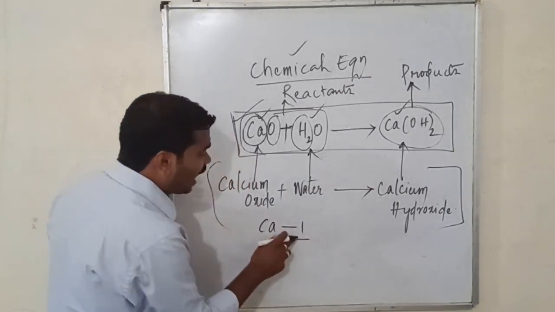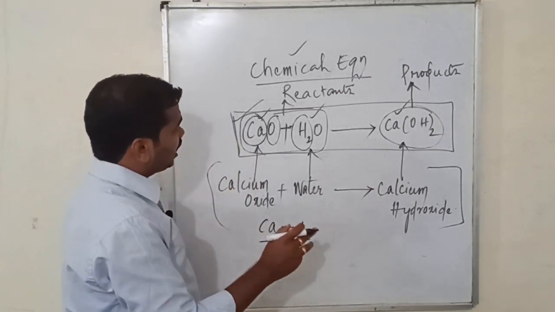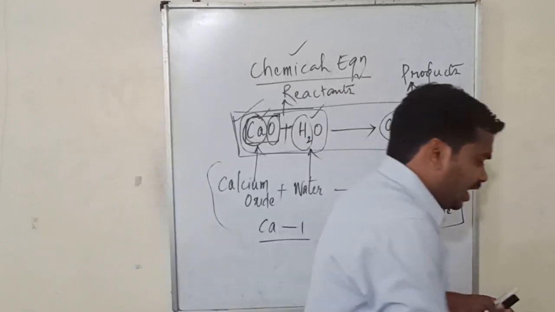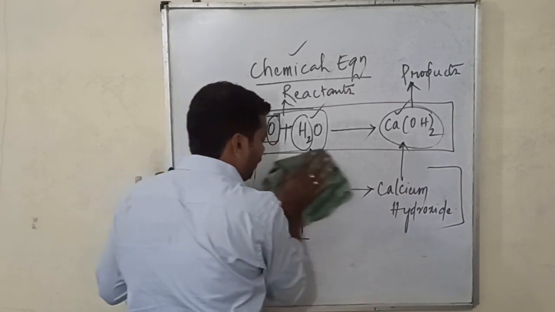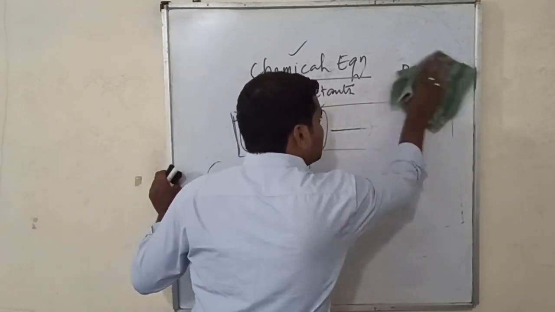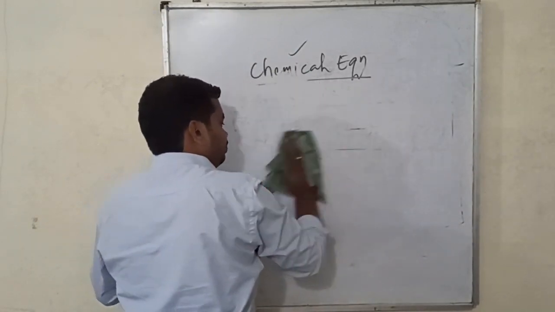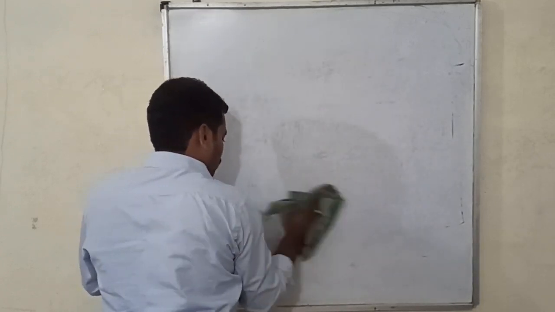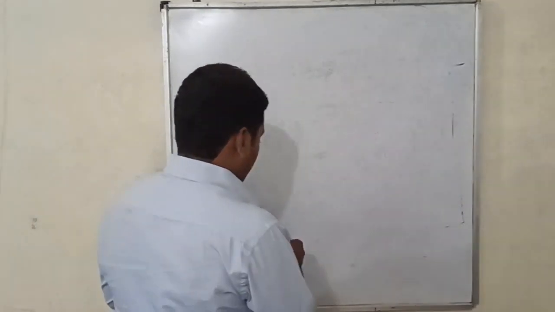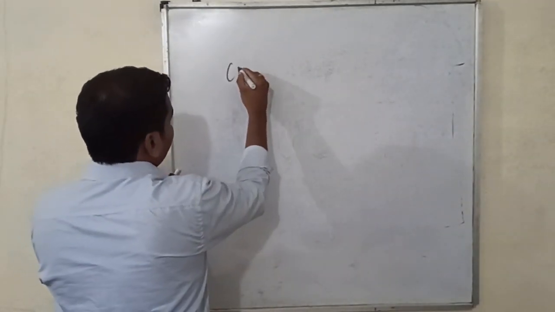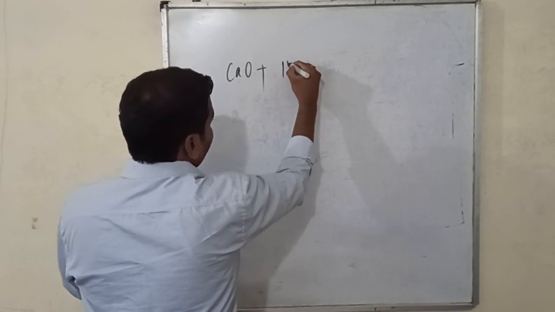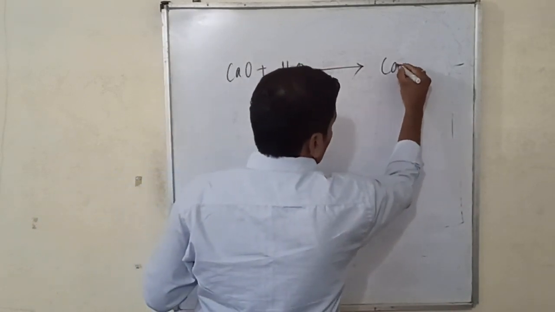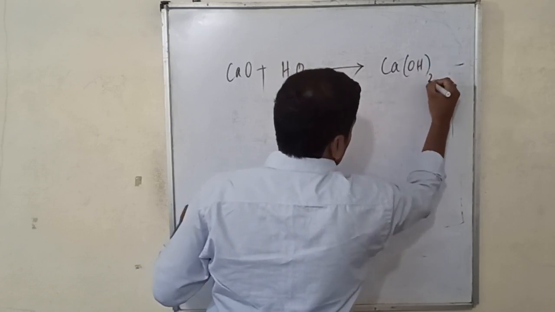So how exactly have I told it as 1? If you see here CaO, if you consider the entire CaO, let me erase and write it in a clear manner before explaining this, so that you would understand clearly. Calcium oxide reacting with water gives rise to calcium hydroxide.